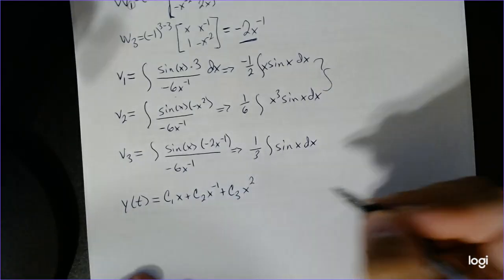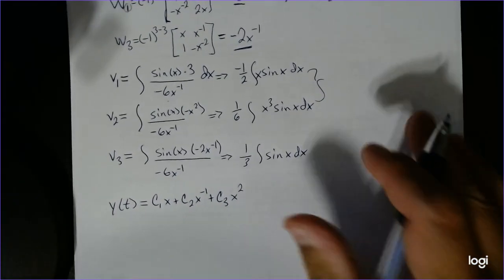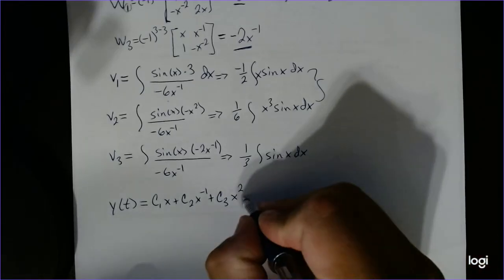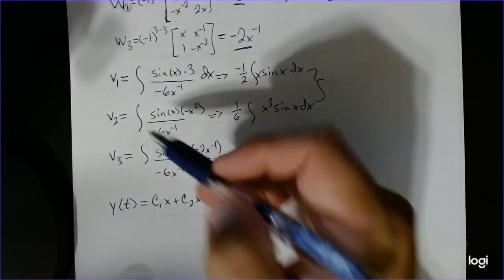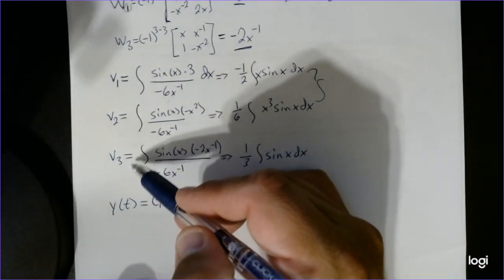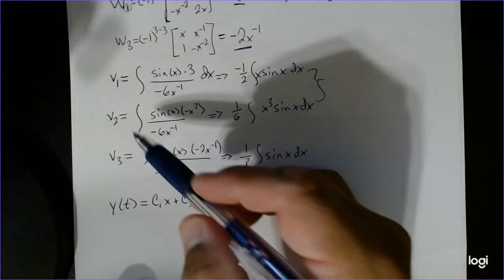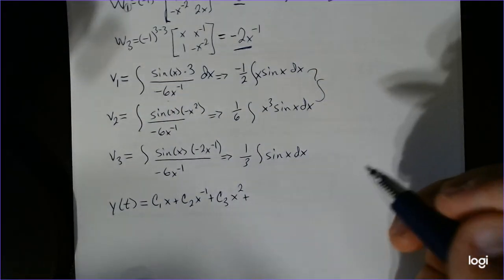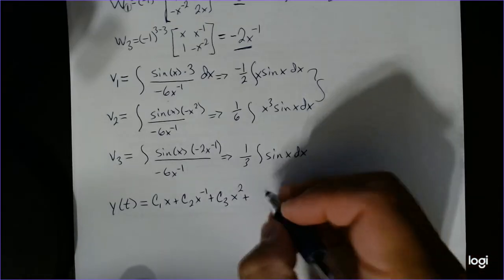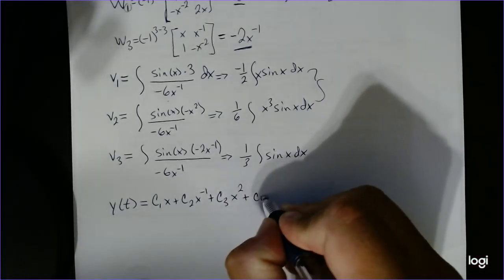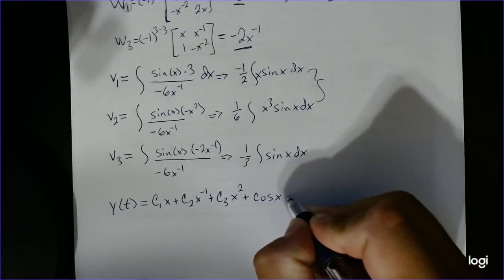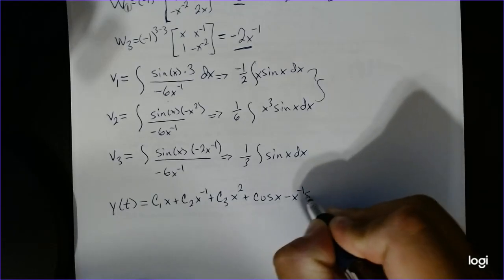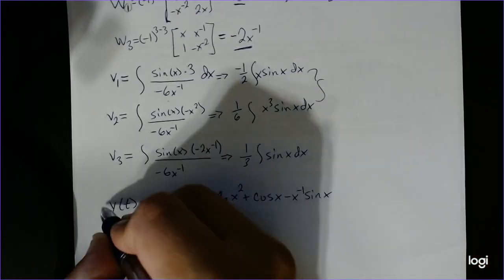So that comes from our fundamental set. That's our general equation. And then plus all of these. So remember, it's each one of these, the answer to these, times each individual value. Okay? So eventually, after some simplification, we get this as our final answer.